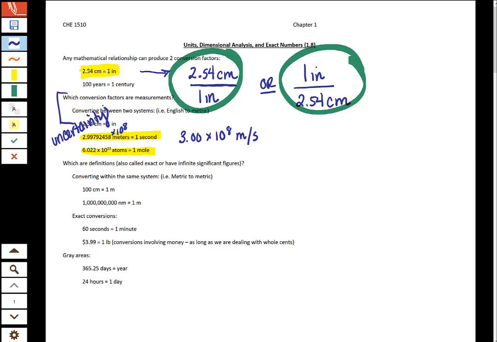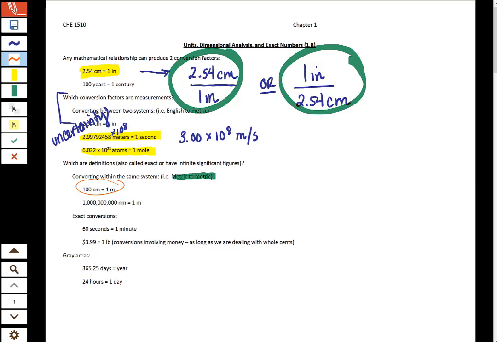There are other conversion factors that do not have uncertainty. They are definitions. Some people call them exact. Some people say that they have infinite significant figures. So for example, if we are converting inside the metric system, going from one metric unit to another metric unit, saying that there's 100 centimeters in a meter, that's the definition of centimeters in a meter.